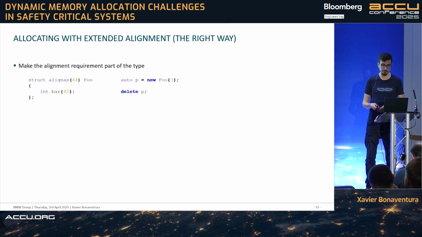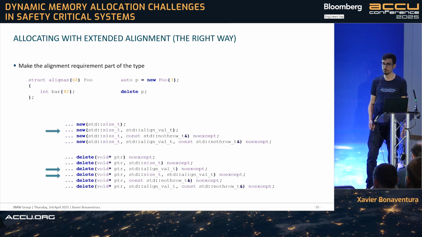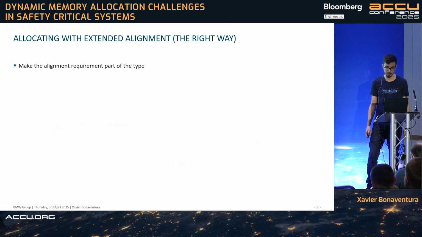Make it part of the type. If we have this class Foo, and we say it is aligned as 64, then we do the new, and this will select the one with the alignment parameter. Also for the delete, because the delete knows about the type and knows that the type has the alignment. That's the right way to do it with alignment.